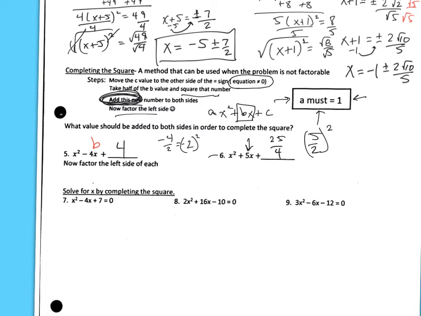And then the next step after that is to take this left side here. I know we don't have a right side, but that's where it would be. And we're going to factor this out. This is always the same pattern. We're forcing this to be a perfect square trinomial. So the pattern is the letter, whatever the letter is. There's only one. The b is from the middle term.